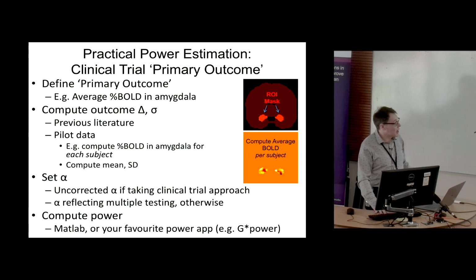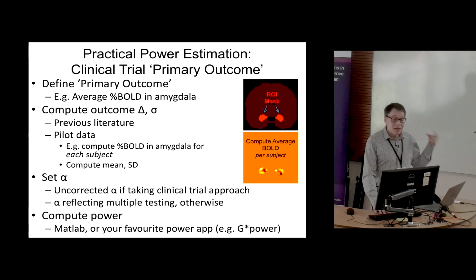And so I'll define my outcome here. For example, I want to know the average % fold change in the amygdala. I'll need some previous data to estimate the delta and the sigma. Previous literature. I put down pilot data here. The one thing I'm cautious about, pilot usually means single digit N. And one of the problems here is that estimating a mean is hard enough with small data, but estimating a standard deviation is just catastrophic when you have very small amounts of data.